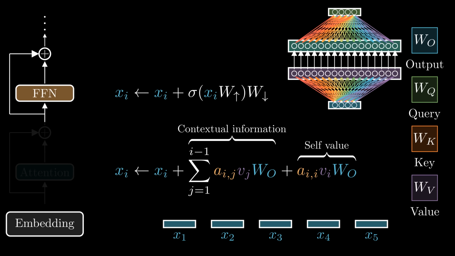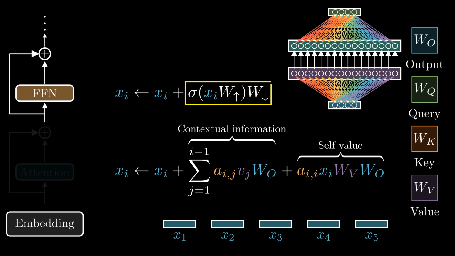Here, the value vector Vi is computed by applying a learned linear projection to the embedding Xi using the value matrix WV. This means the Vi direction, a linear function of Xi, is already a direction the residual and FFN pathway can express.